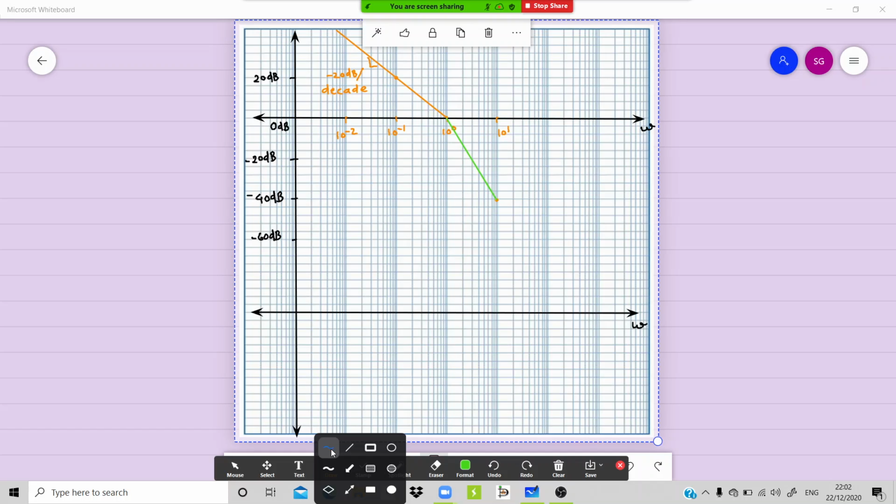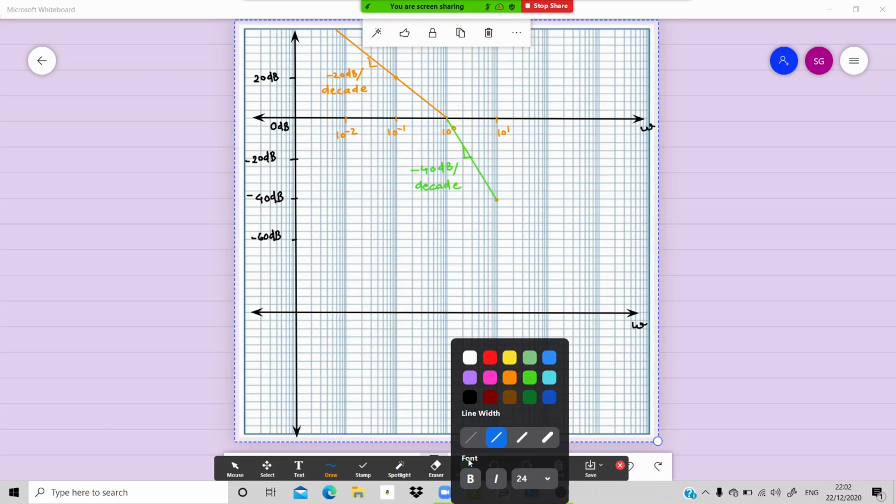So I'll write over here, now the slope is becoming minus 40 dB per decade. Clear, right? Now after adding this point, this will also have 20 dB slope. So now what is going to happen? 20 because of this, 20 because of this, and 20 because of the third component. So it is going to become 60 now.